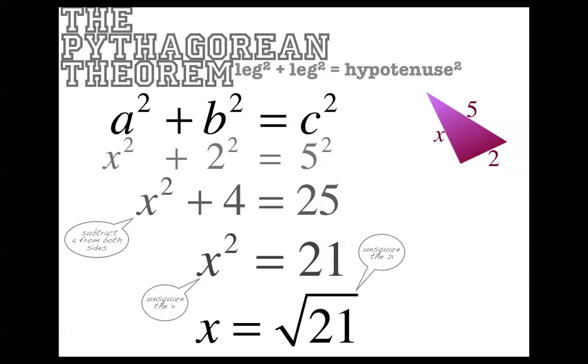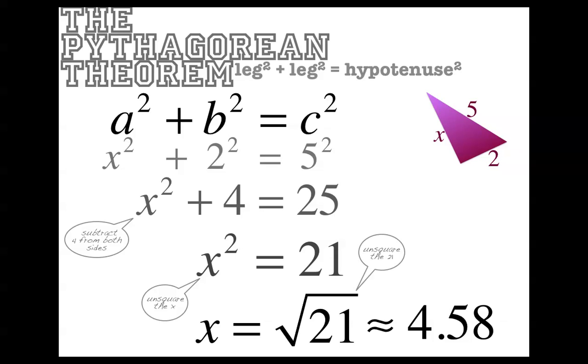So at this point, you kind of have to use your calculator because I don't think any of us have the square root of 21 memorized. In fact, that's an irrational number. It's one of those yucky decimals that's going to keep on going on and on forever. But when you round it, it comes out to approximately 4.58, or we could say that x is about 4.6 in this case. All right, that was an example of a more tricky Pythagorean theorem problem.